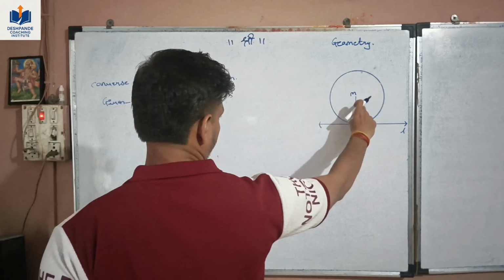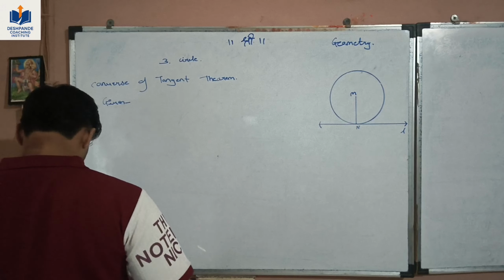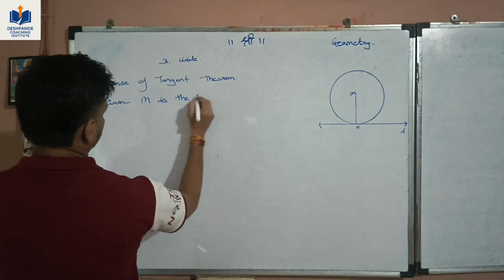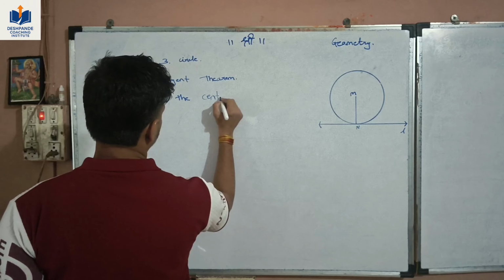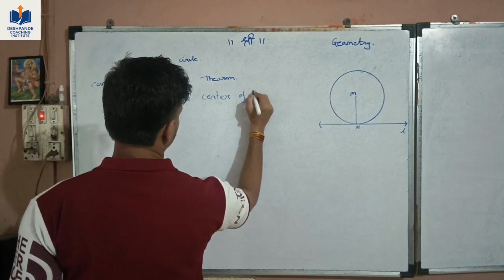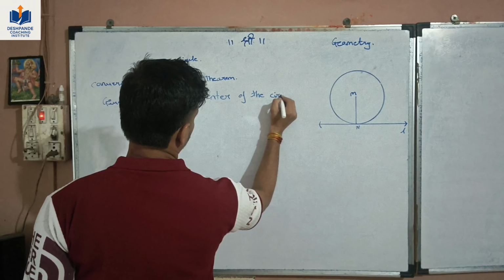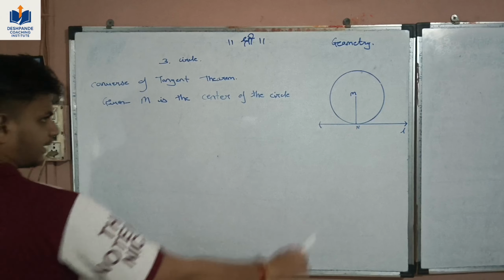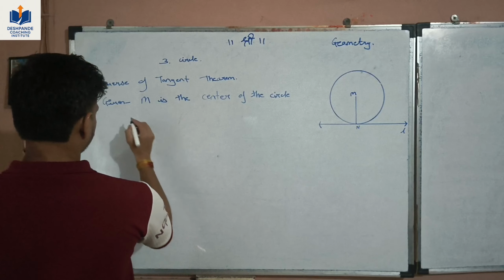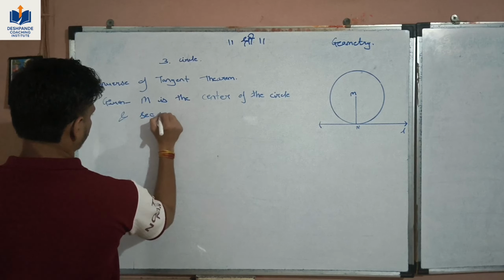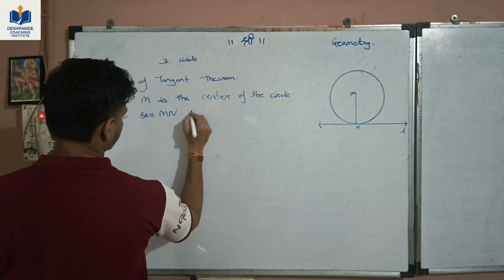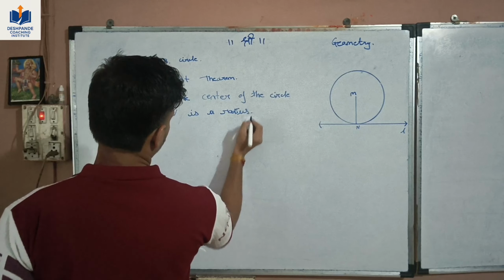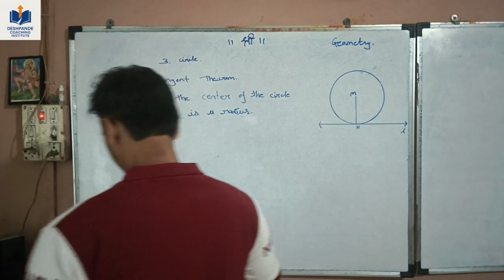M is the center of the circle. And segment MN is a radius.